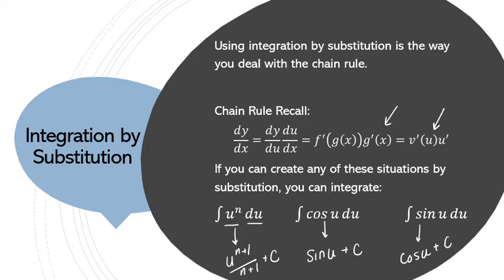But you remember that the derivative of cos u is negative sine u. So therefore, if I have a positive, I just have to tack on a negative. This video is just going to look at the first one. The next video will deal with situations 2 and 3, the trig ones.